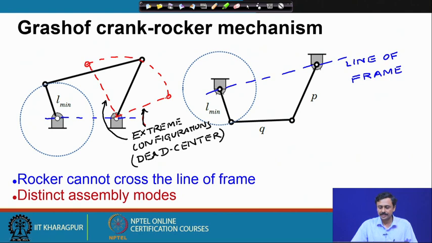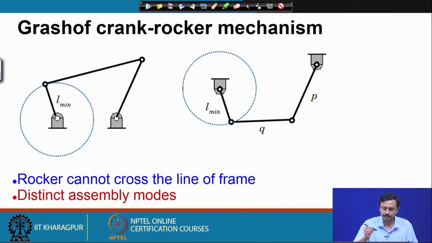There are distinct assembly modes. Now, we need to understand what are assembly modes. Assembly mode is a configuration in which I can assemble the mechanism. So, if I am given 4 links, if I want to assemble it, how do I do it? I have 2 possibilities as I now show you.